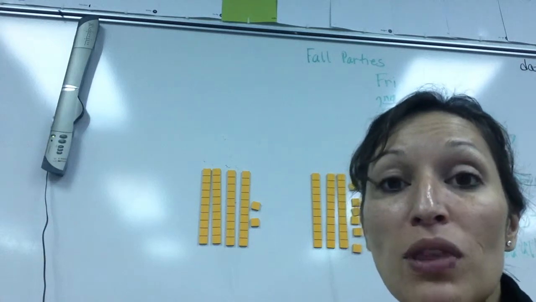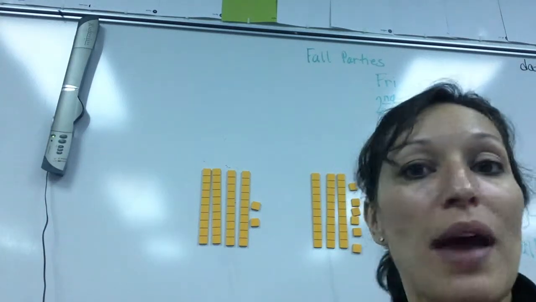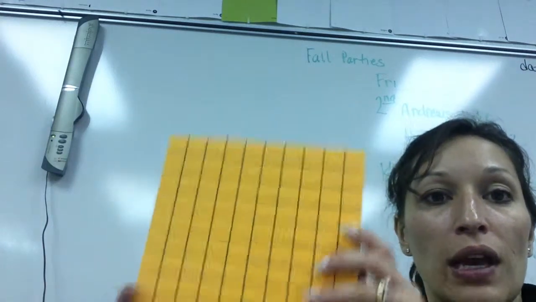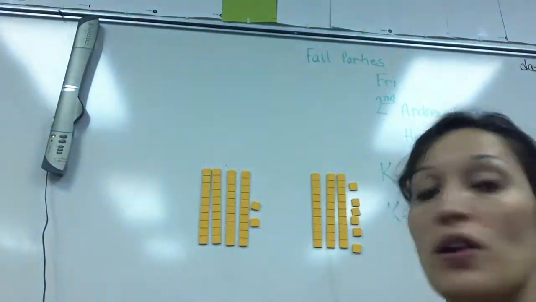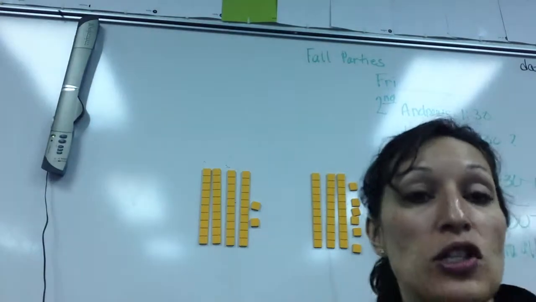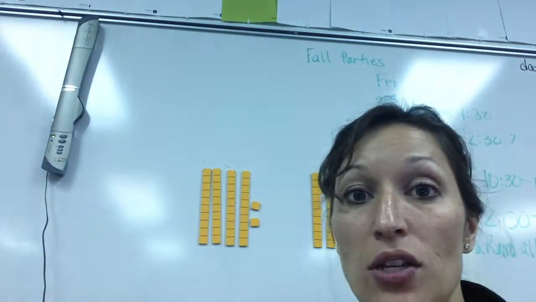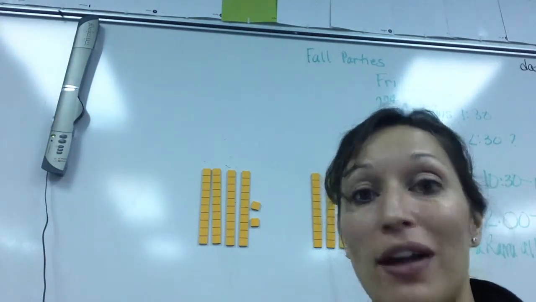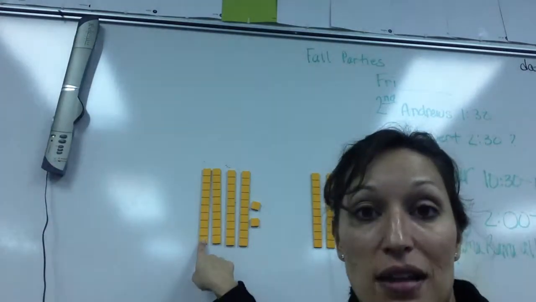In these numbers, neither one of them have 100. This is our 100. There's no 100 here, and there's no 100 here. So my most powerful place value is not 100. My most powerful place value is the tens.